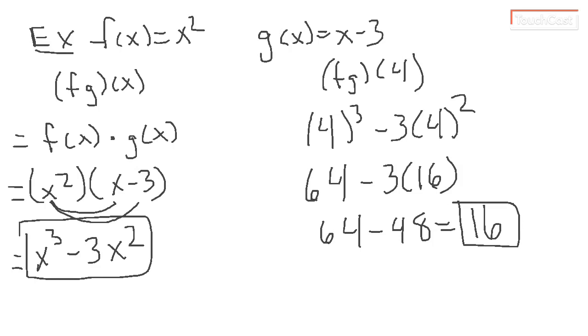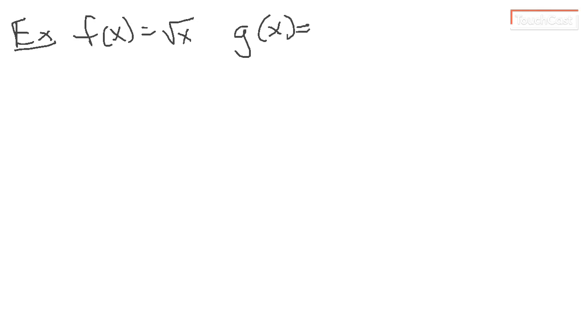Alright, now let's check out one of these quotient functions. Alright, so we're going to say f of x is going to equal the square root of x, and g of x is going to equal the square root of 4 minus x squared.